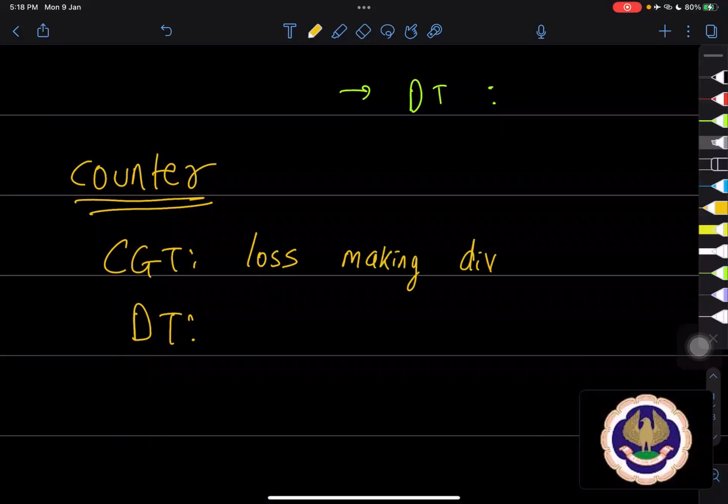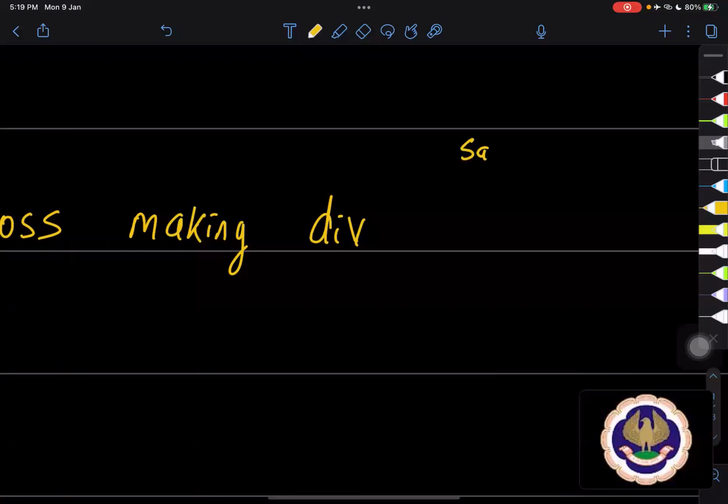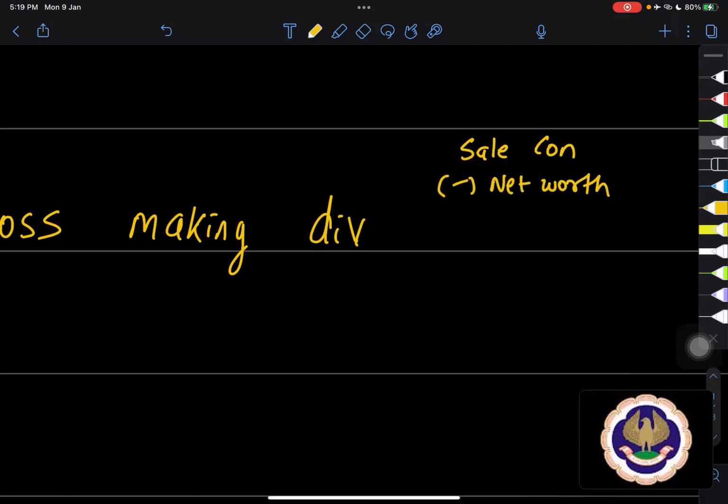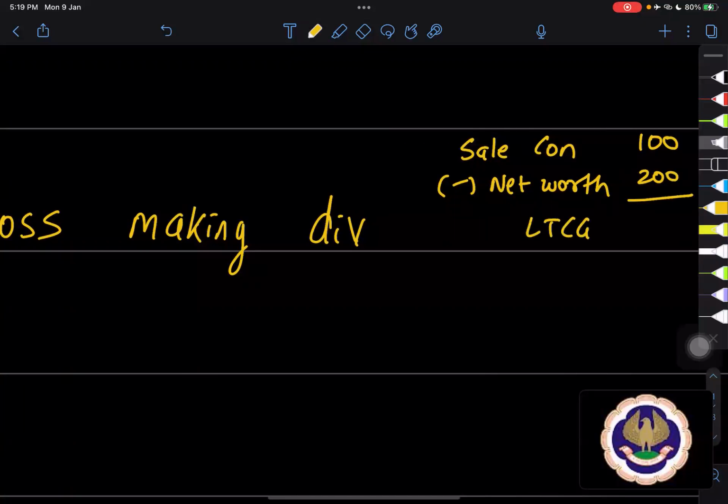let's talk about slump sale. The way the tax implication of slump sale will work is there's a sale consideration and then there's net worth. If the sale consideration is less than the net worth, the long-term capital gains will be 0.